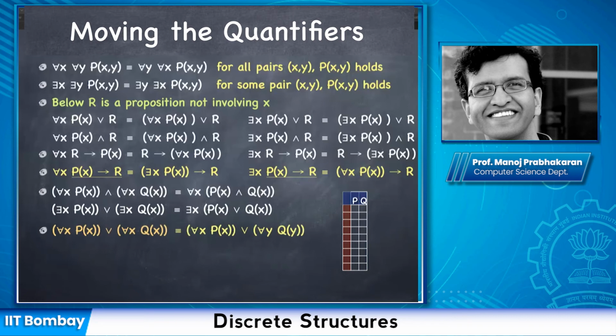But things get a little tricky if I consider this one here: for all x, Px, or for all x, Qx. It's for all, as in the first statement, but instead of and, I have an or.